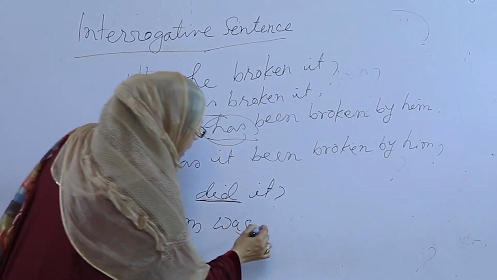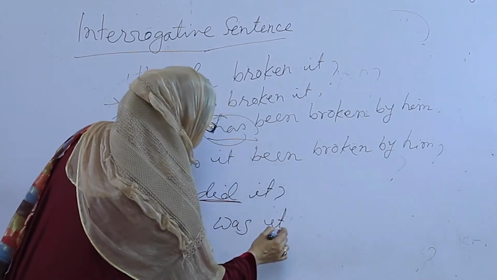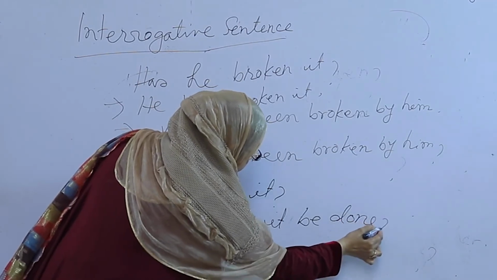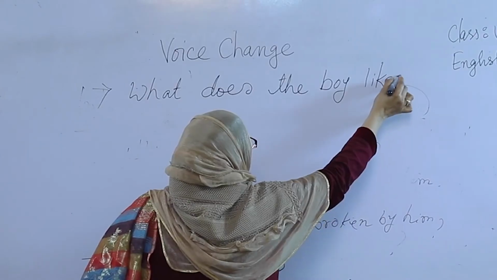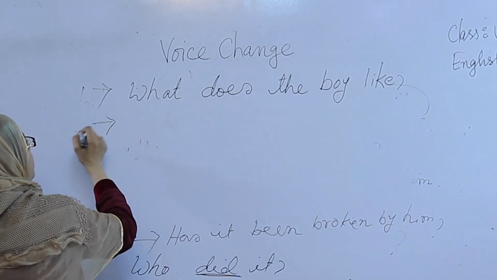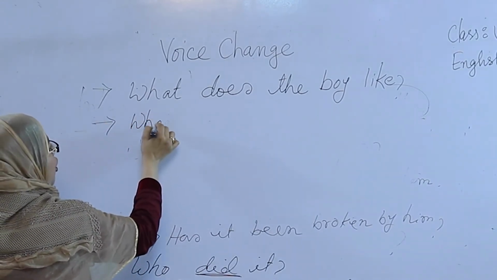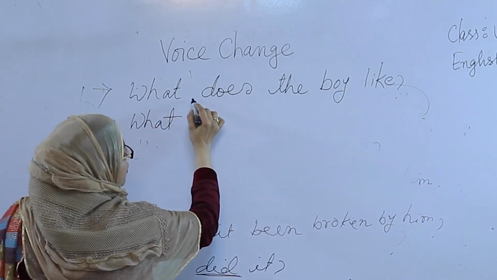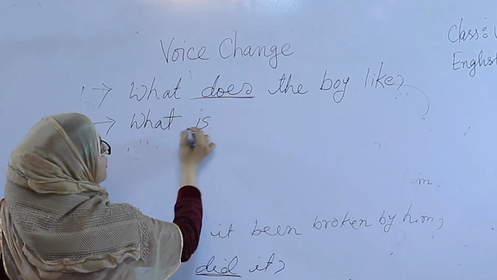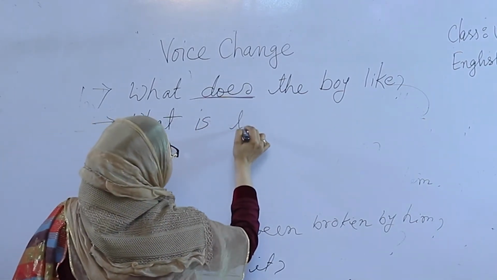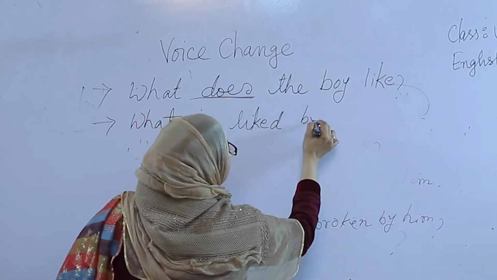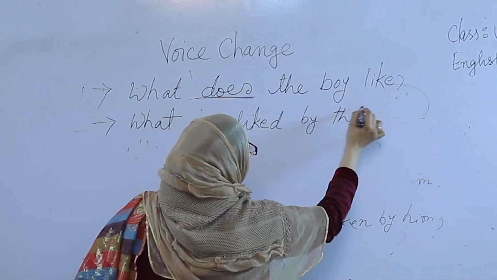By whom was it done? What does the boy like? Passive form: what, because it is present form, what is liked by the boy.